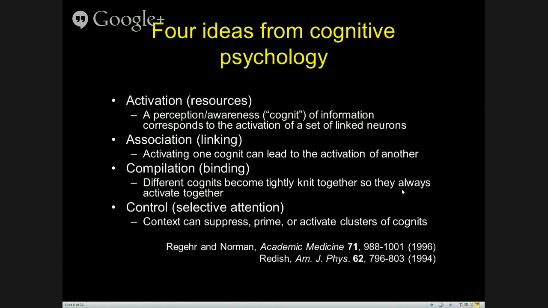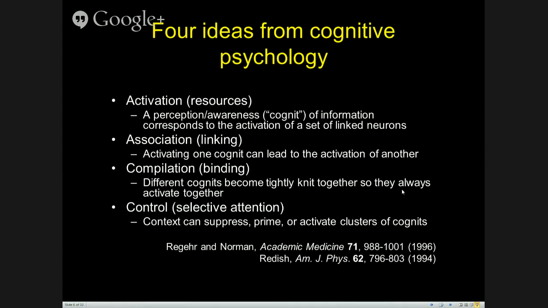The next step is associating those bits of information. Throughout this talk and in the literature, people call these little pieces of information a cognate. Associating means linking cognates together so that if I remember one piece of information, another piece of information will automatically come with it.